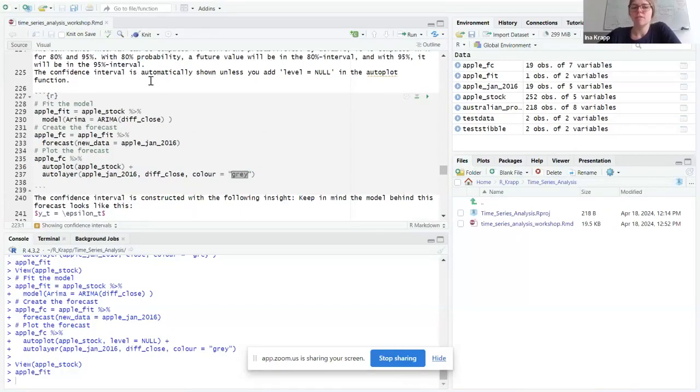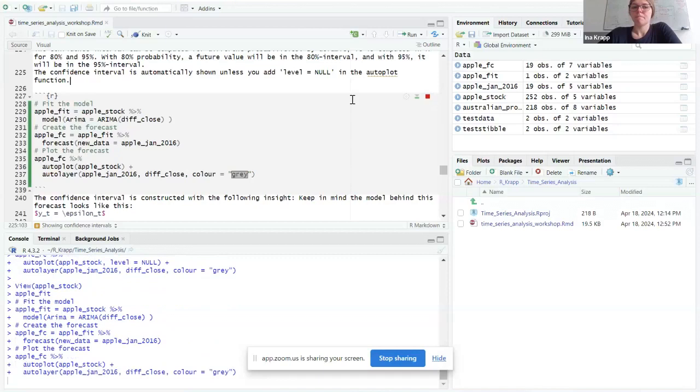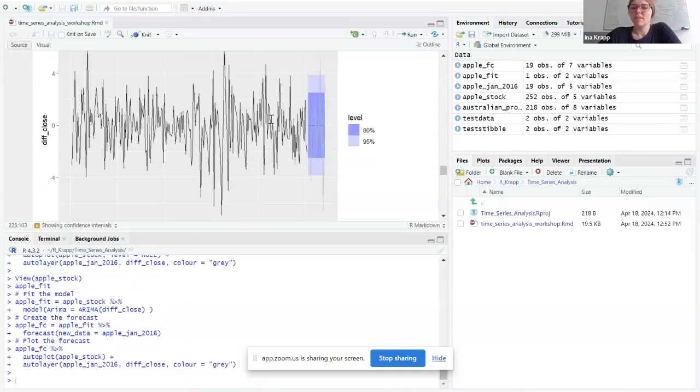Now, the confidence interval is normally automatically shown. Above, I used level equals null in the autoplot function, and that's why it was not shown. But I removed it here so we can take a look at the confidence interval now. And what we can see is that the confidence interval really includes most of the values that the difference in closing price variable takes on in January 2016.